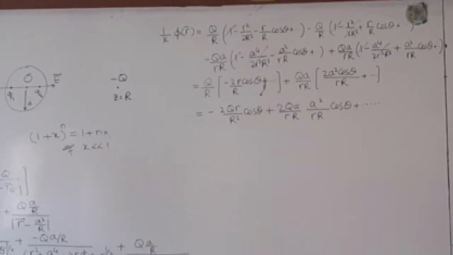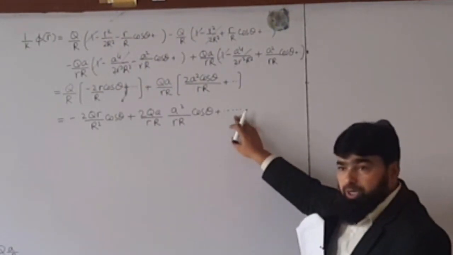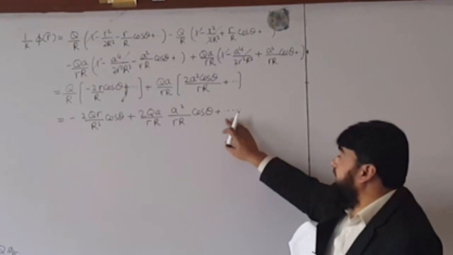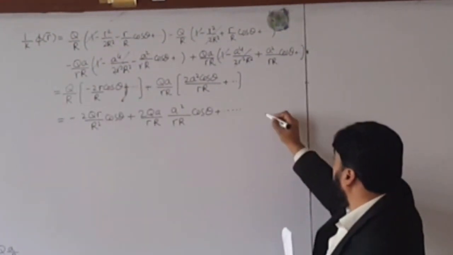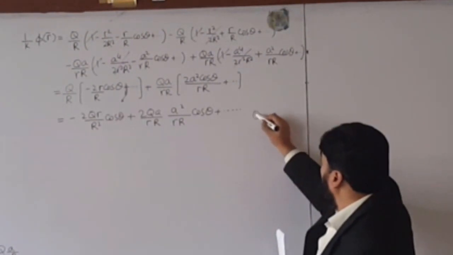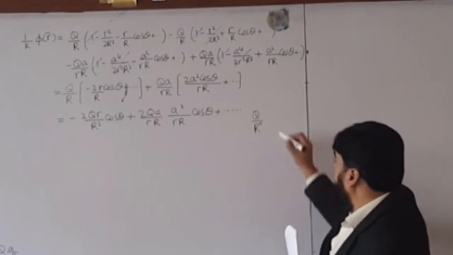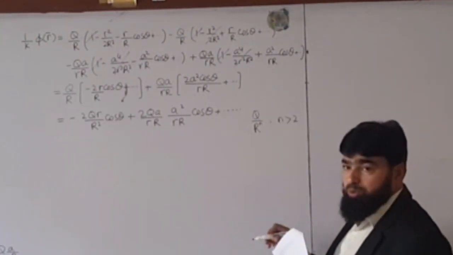Now, what kind of terms have we dropped here? The terms that we have dropped here are actually contributing very little to this relation, because those are the terms in which q over r to the power n, where n was greater than 2.